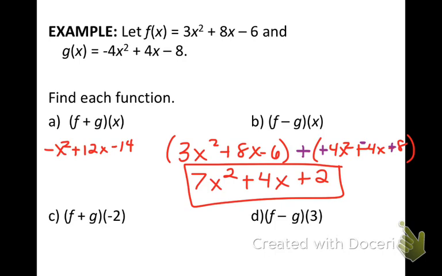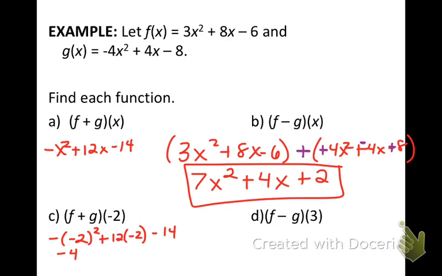So for part C, doing f plus g of negative 2, we're going to do a negative of negative 2 squared plus 12 times negative 2 minus 14. Order of operations, square first. So negative 2 squared is positive 4. The negative of positive 4 is negative 4.